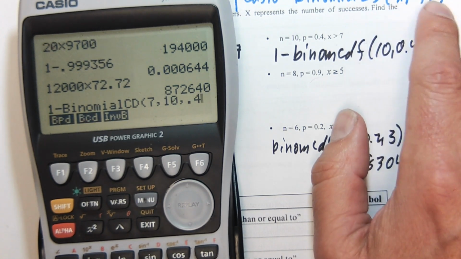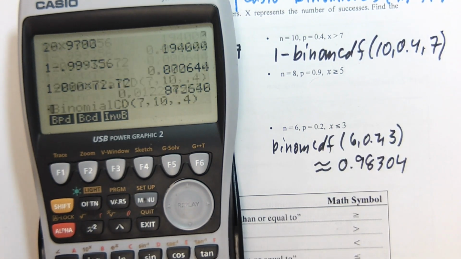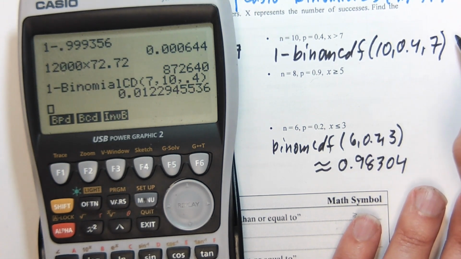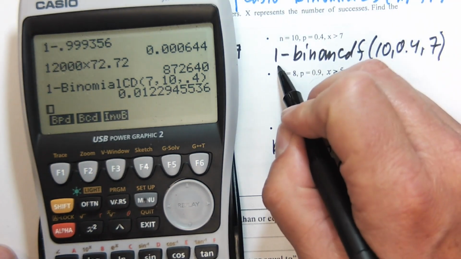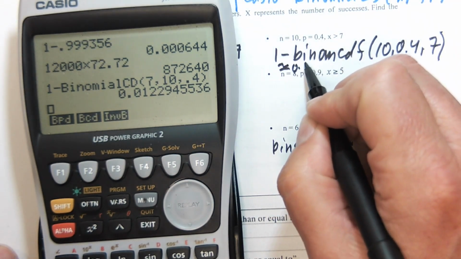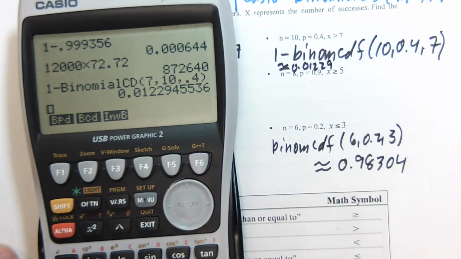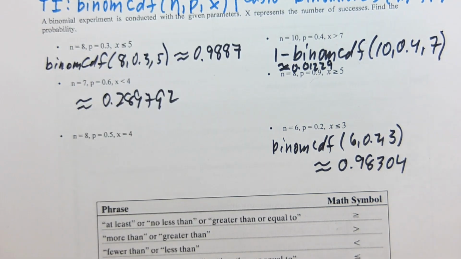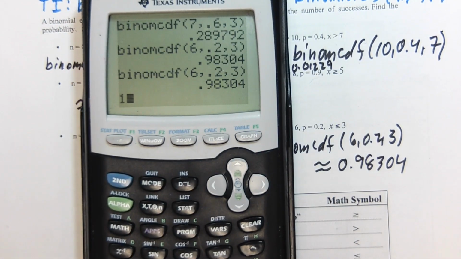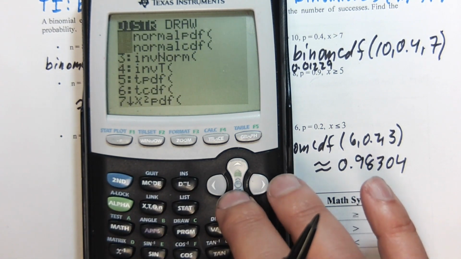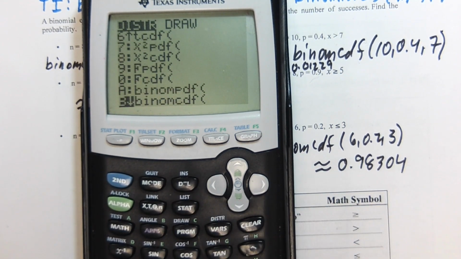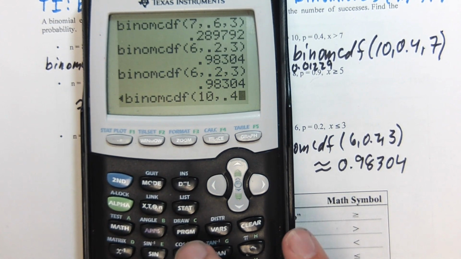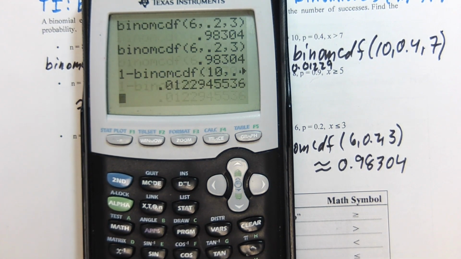So again, you are X, N, and P. And the TI would look like this, 1 minus binom CDF, and then 10, comma, 0.4, comma, 7. You can see we get the same number.